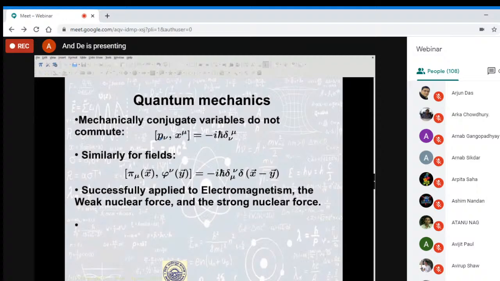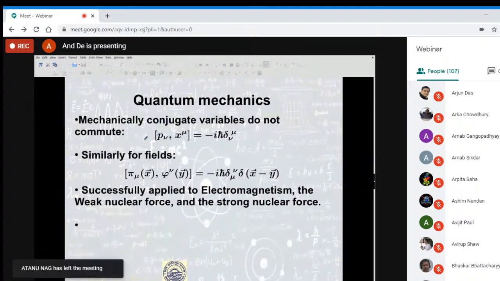In quantum mechanics, this is a very quick review, the most fundamental statement, I think, is that mechanically conjugate variables do not commute.